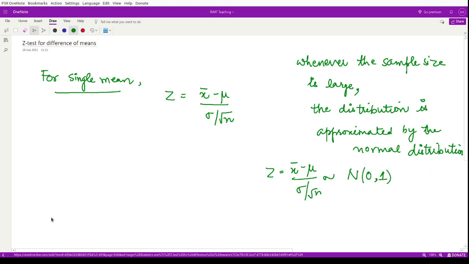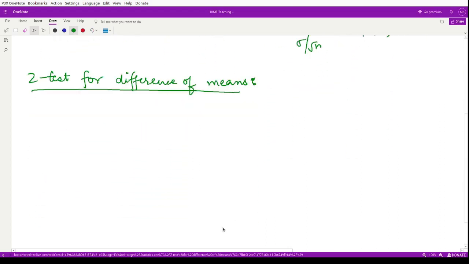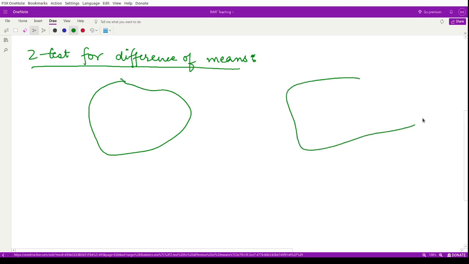So now let's talk about the Z-test for difference of means. For this, consider the situation that you have a large population here, and you have another large population here. There are two different populations.